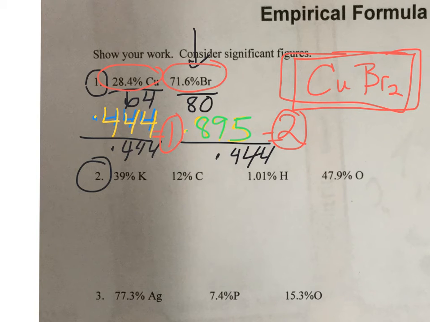Copper has different charges, right? It could be a +1, it could be a +2. So I could have CuBr, or I could have CuBr2, right? I need to figure out which one is going to be the right one because this would be incorrect, right? Okay. So it just depends on what's in that particular product.